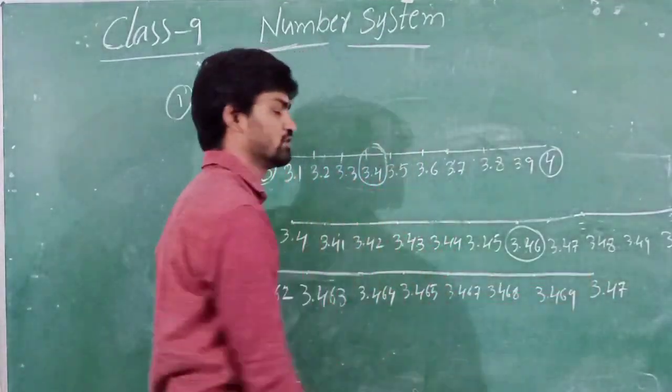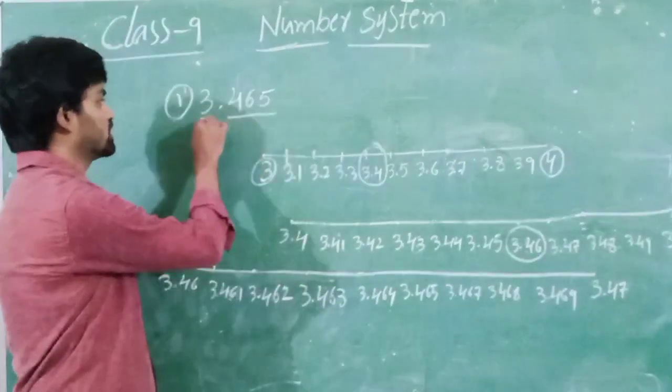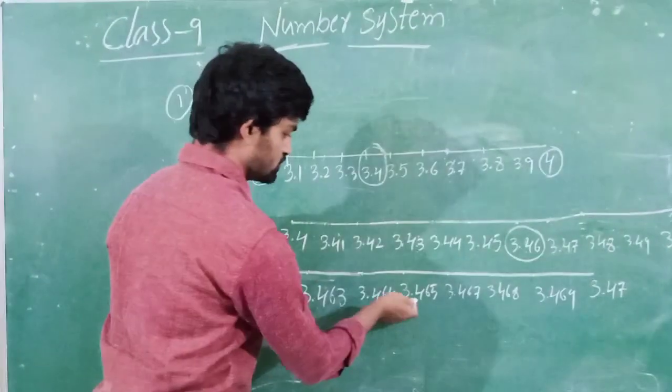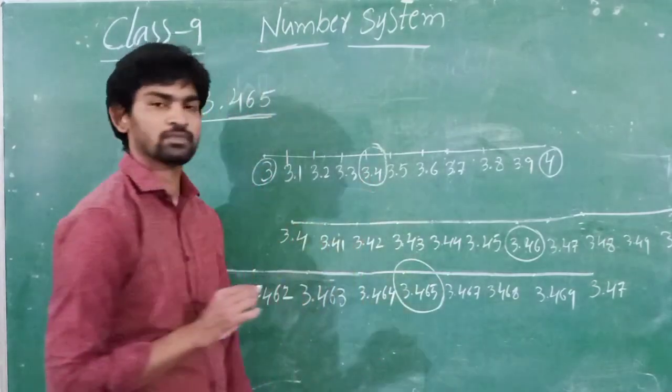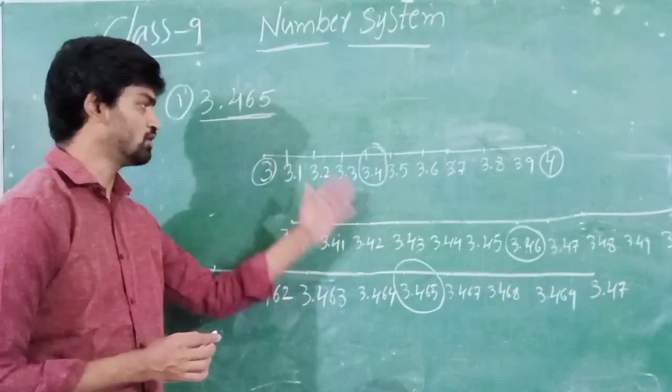After that you will get 3.470. Now our number is 3.465. So where is our 3.465? It is here. So we got our number. This is how we visualize a terminating decimal number on number line.